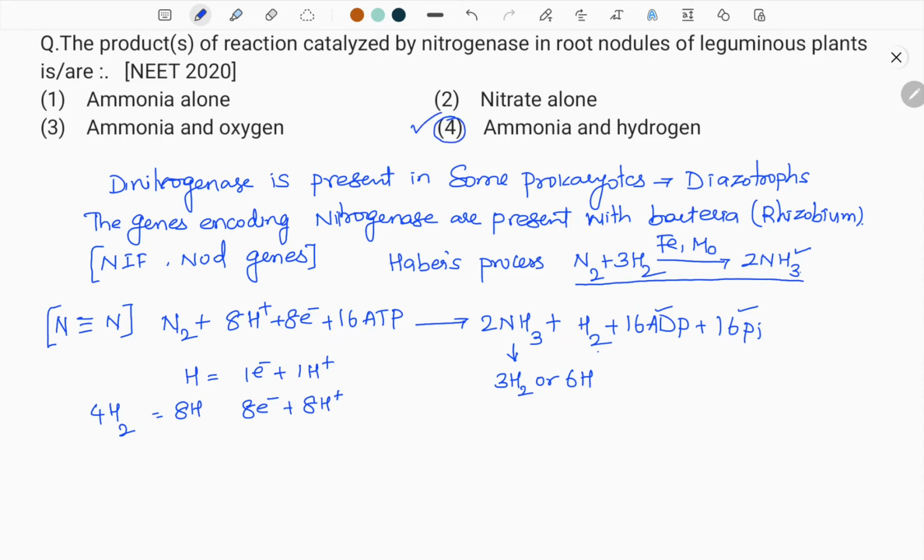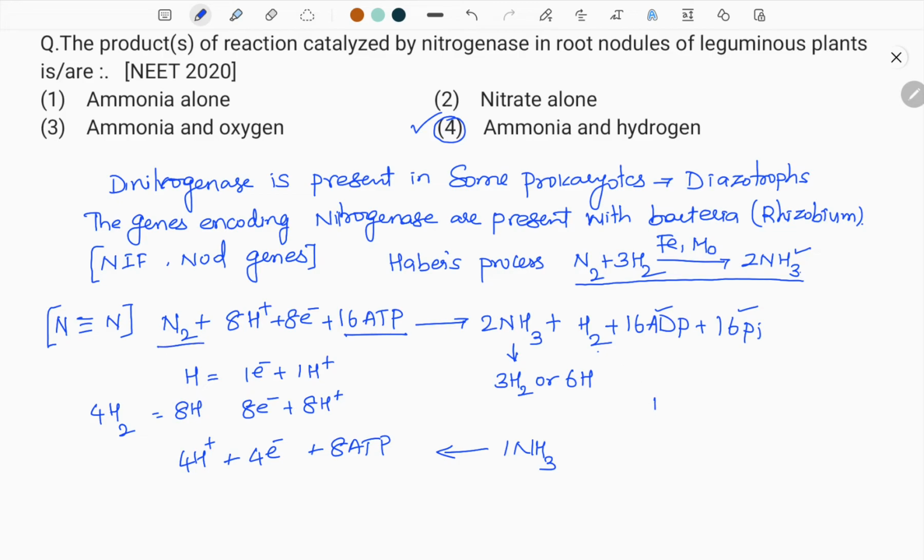So the answer is 4. And one more thing here is that for 2 ammonia molecules, 16 ATP are required, whereas for 1 ammonia molecule, 8 ATP, plus 4 electrons and 4 protons are required. Then why should we take 2 nitrogen atoms?